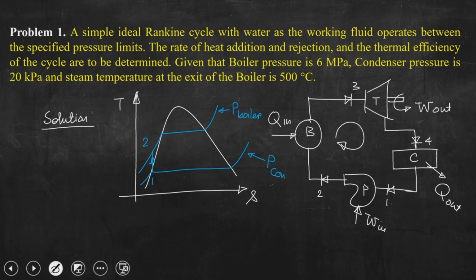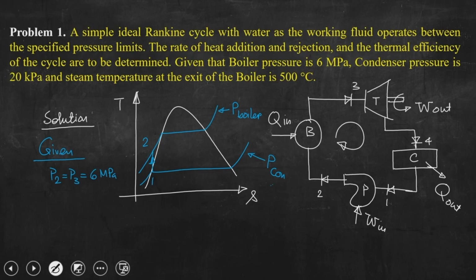So, what we need to do as of now, what we know? The given quantities are: boiler pressure is given 6 megapascal. So, P2 will be equal to P3 equal to 6 megapascal.